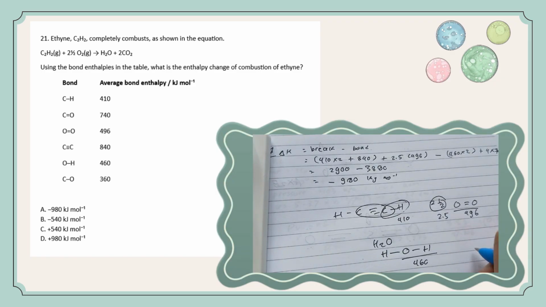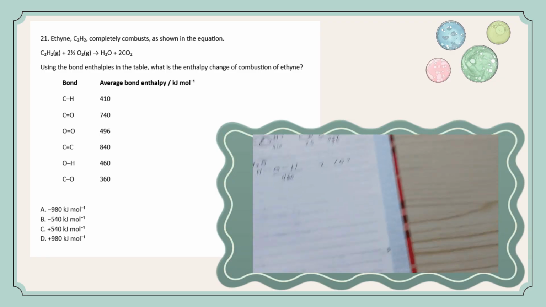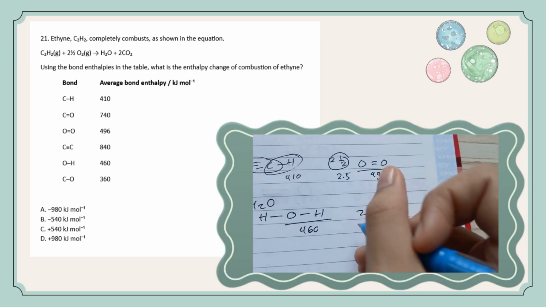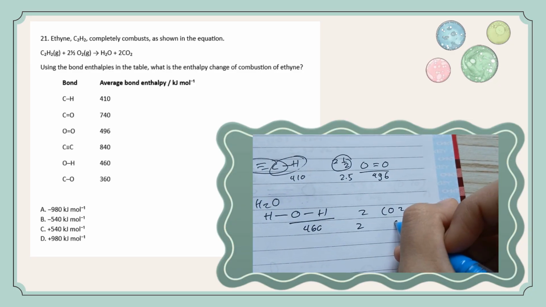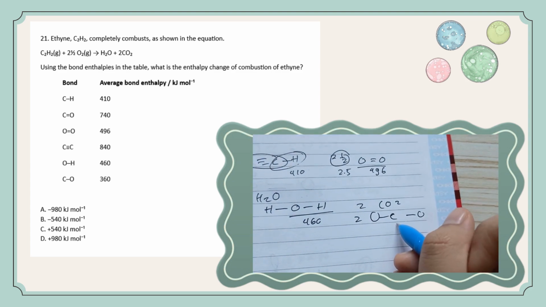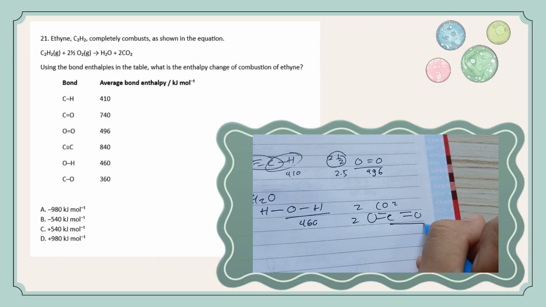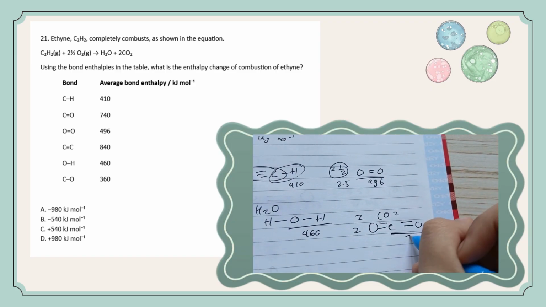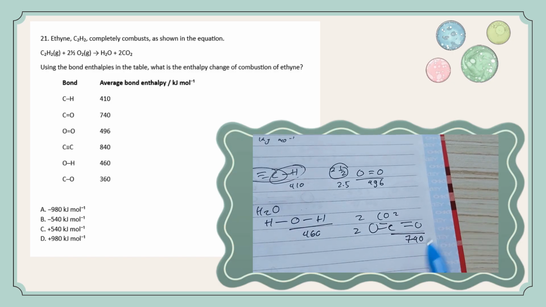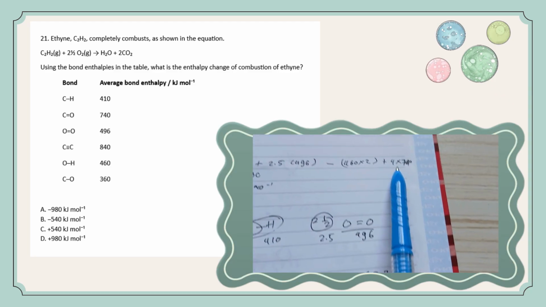And then we have carbon dioxide. 2 carbon dioxide have 2, and it's a double bond, I forgot. For C double bond O, it's 740. And because we have 2 and times 2, we times it by 4.